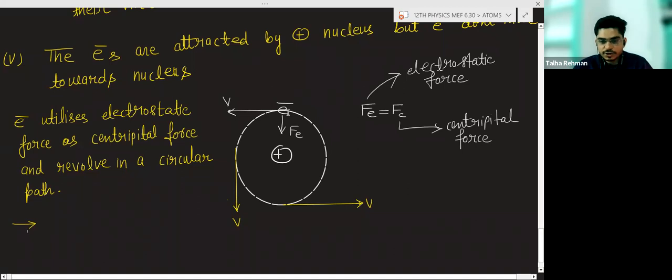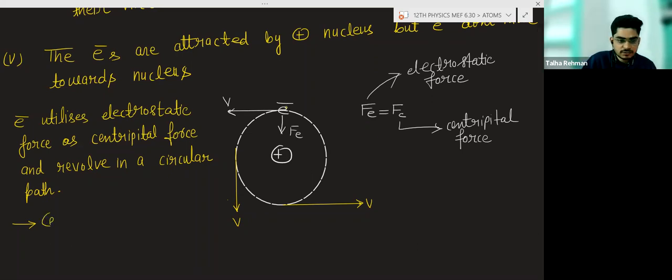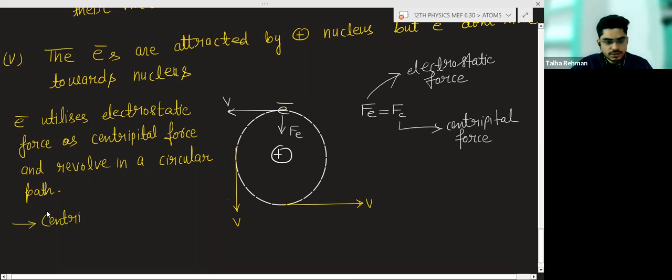In the case of the electron revolving around the nucleus, the centripetal force is provided by this electric force. And if a body is moving in a circular path, due to the change in the direction of the velocity there is an acceleration, which is centripetal acceleration. So you can say the electron has centripetal acceleration.